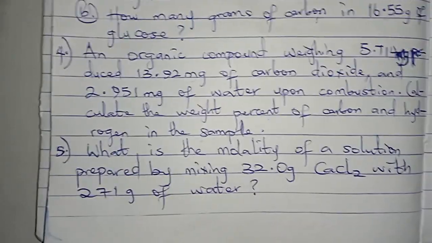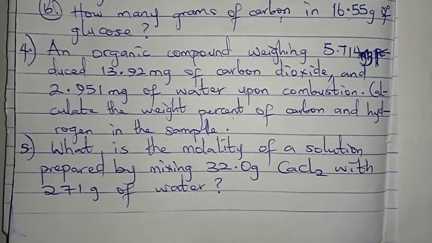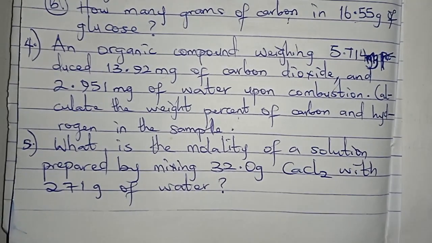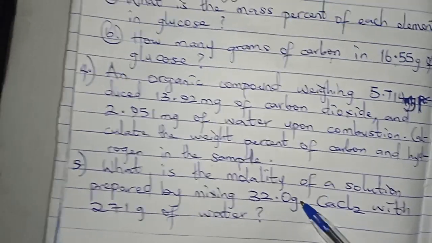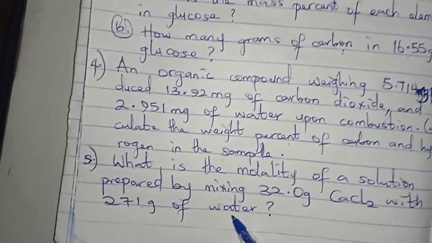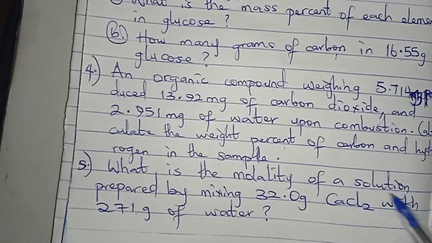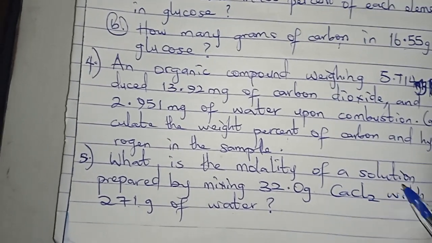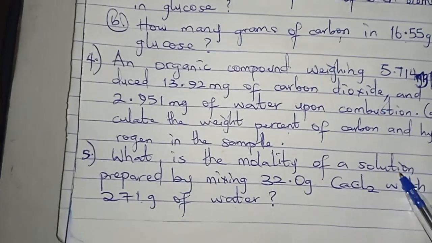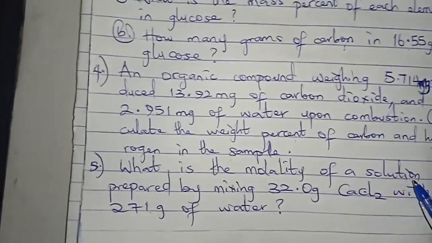So from this question, look at it very well. You see that the solution is prepared by mixing 32.0 gram, so this is the solute, with 271 gram of water. I know that solute plus solvent gives you solution. So this and this mixed up gives you the solution prepared.